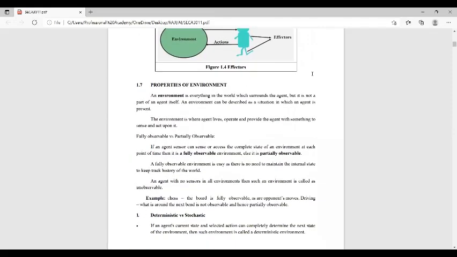So the next topic is properties of environment. As I said before, environment is nothing but the outside world. The agent will observe something from the environment.